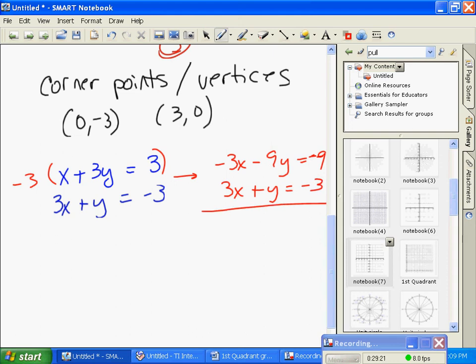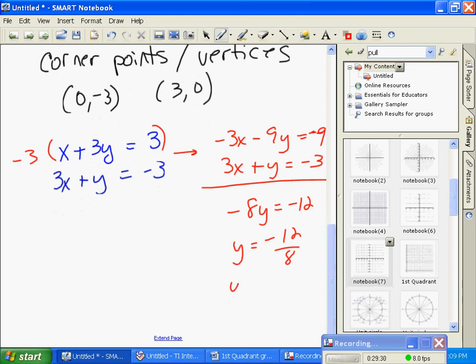What I get here is -8y equal to -12, so y is -12 over 8. I can't really comprehend that until I reduce it. 4 goes into the top 3 times and into the bottom twice. A negative over a negative happens to be a positive, so now I get y to be 1.5.